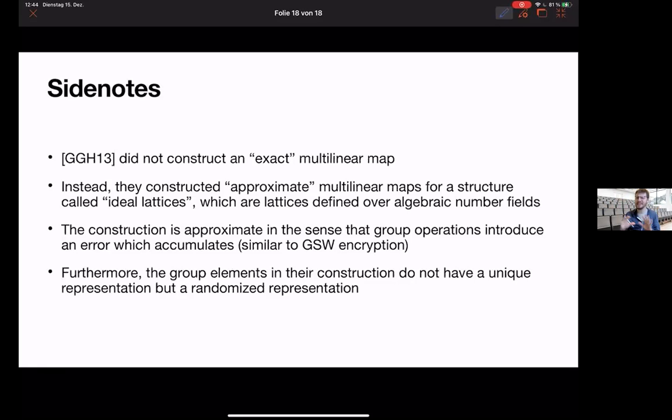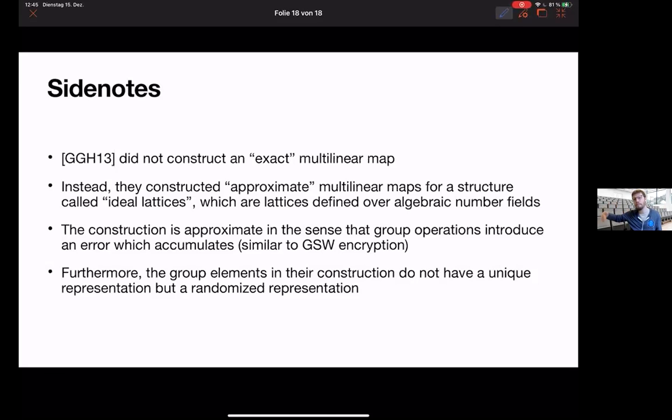But here in what they were doing, you could have the same ZP element but encoded in different ways. So they had a randomized representation, and a priori, it's not clear whether 2 such elements in these multilinear groups actually represent the same ZP element.